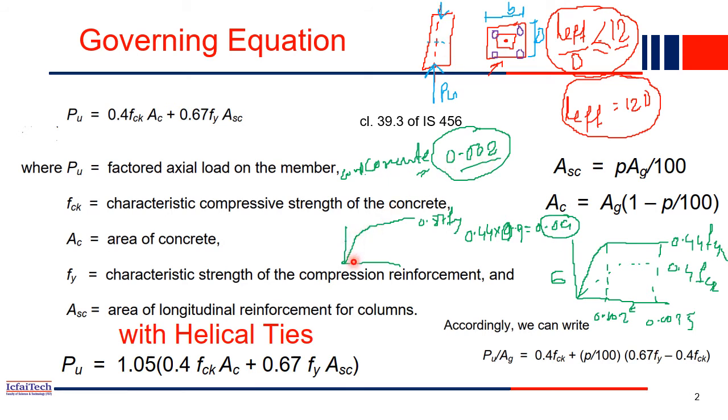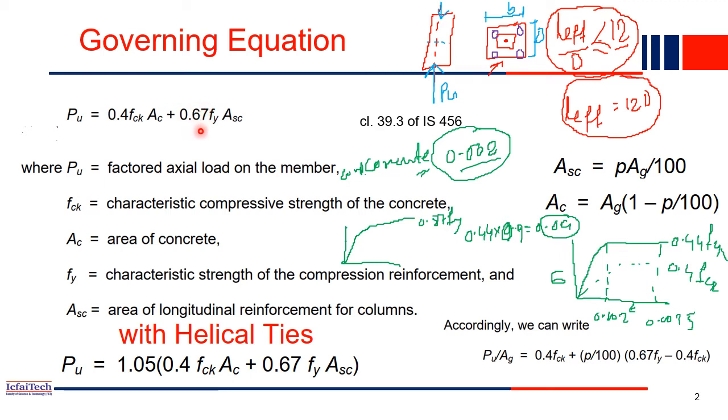So if you interpolate for the 0.002 strain level, the stress in the steel comes out to be 0.67 Fy for Fe 500 grade steel, and for Fe 415 and Fe 250 these values are a little higher, maybe 0.71 and 0.69.